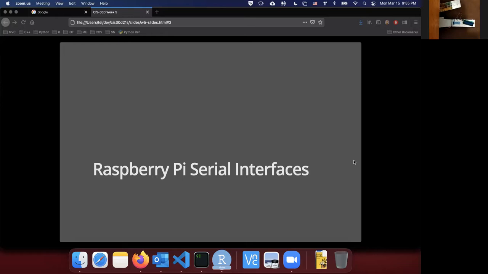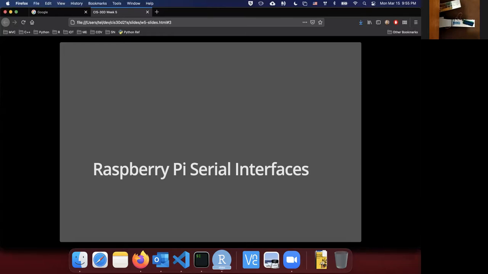It could be between the Pi and that device, or if you connect multiple devices, the communication could also be happening among those devices. The Raspberry Pi supports a couple of such communication mechanisms, and they are all serial types of communication.